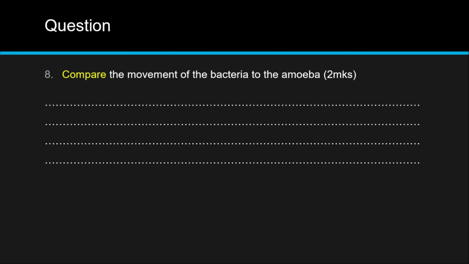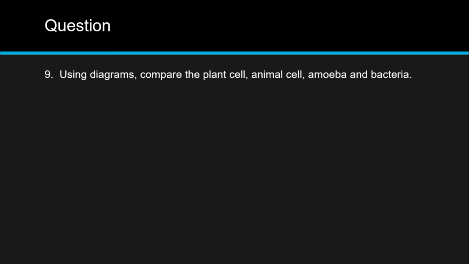Compare the movement of the bacteria to the amoeba. So remember cytoplasmic streaming versus the flagellum. Remember that, and tell me what's happening there. Now, using diagrams, compare the plant cell, animal cell, amoeba, and bacteria.